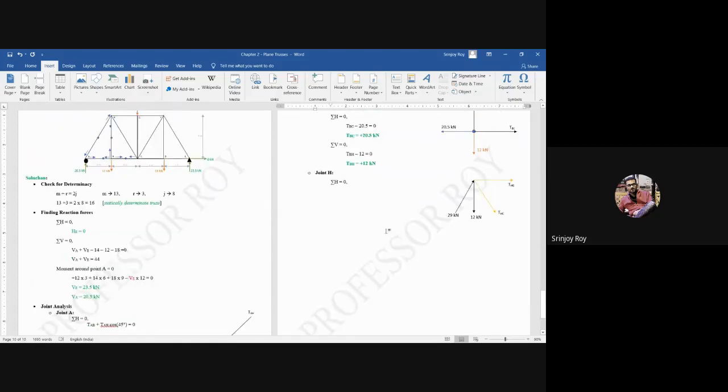बताओ यहाँ पर क्या क्या होगा? Tell me the sum of the horizontal forces. What are the horizontal forces? Tell me. HG plus HC cos 45, and there is another thing also, plus 29 cos 45, isn't it?